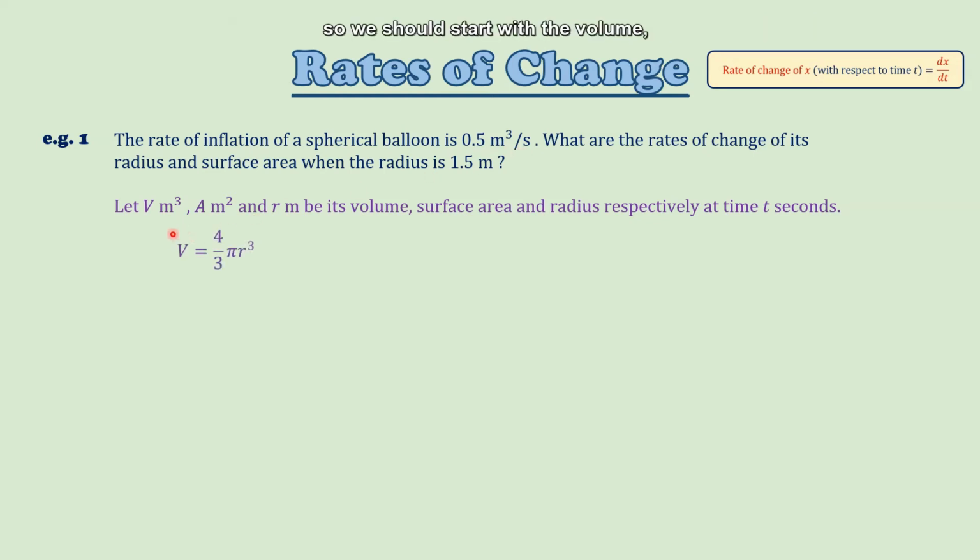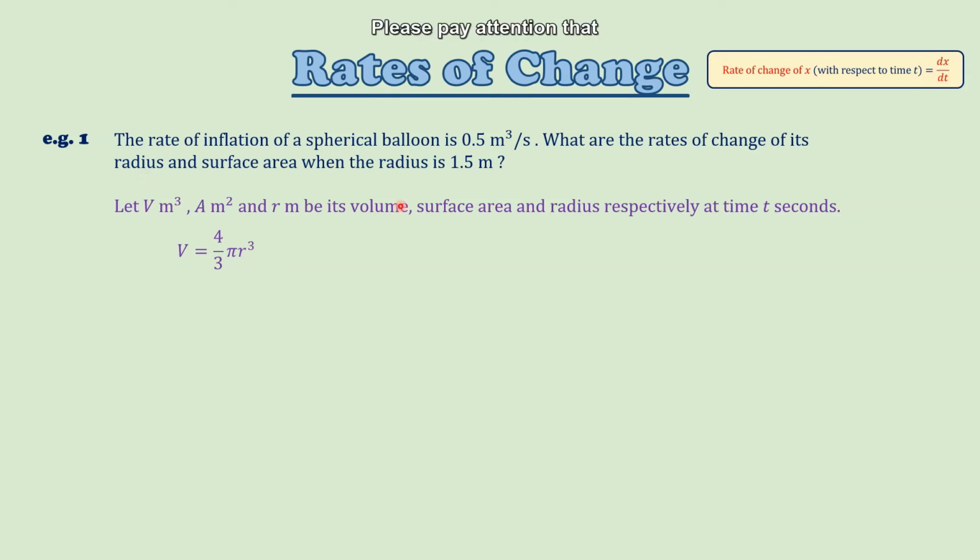So we should start with the volume, and we know that the volume is equal to 4/3 pi r cubed. On the other hand, we know that r is equal to 1.5, and we want to find the rate of change of radius, that means dr/dt.